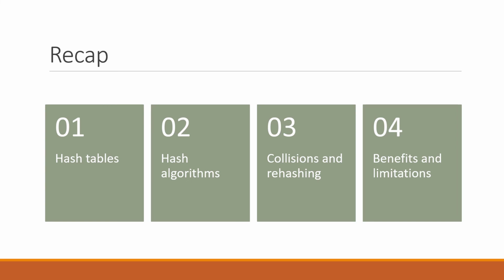You need to do rehashing, and that slows the program down. The big benefit of a hash table is it's very quick. It's a very quick way to access the data you want. The limitation is you need to have plenty of storage space, or it starts to go wrong with collisions.